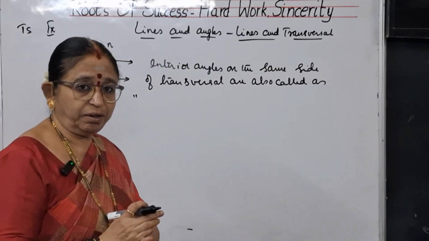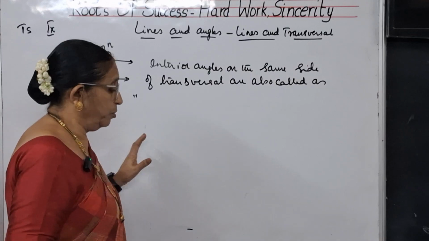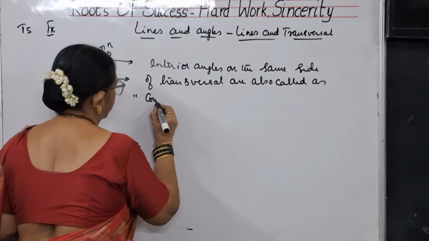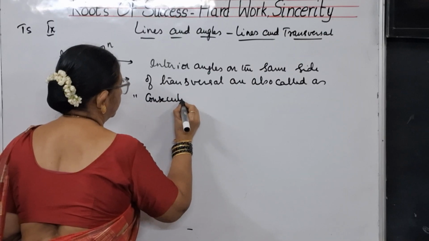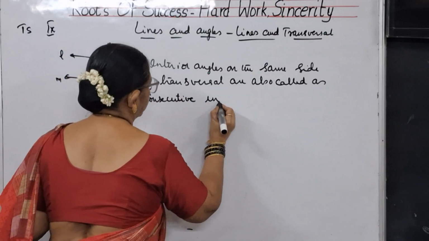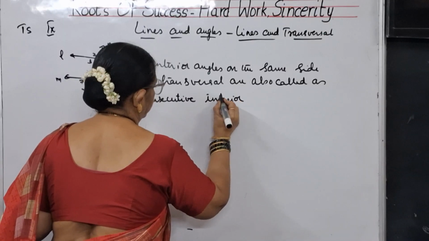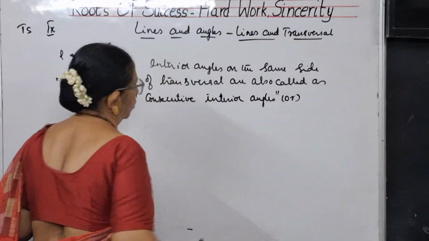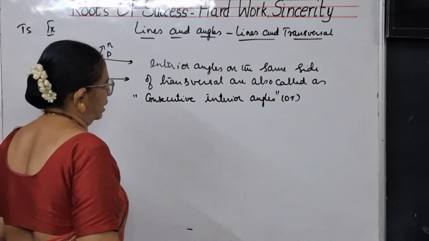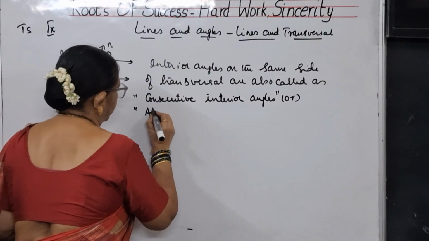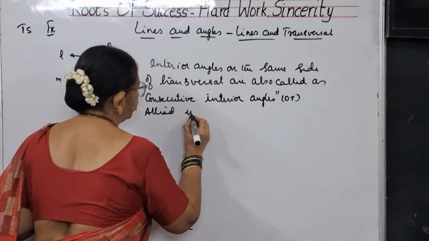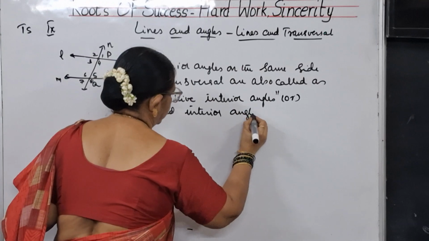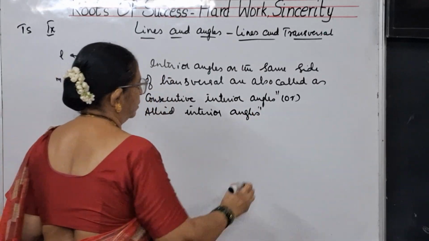As it is in your syllabus, you should know these names also. They are known as consecutive interior angles, or they are also called allied interior angles. This is another name for it.